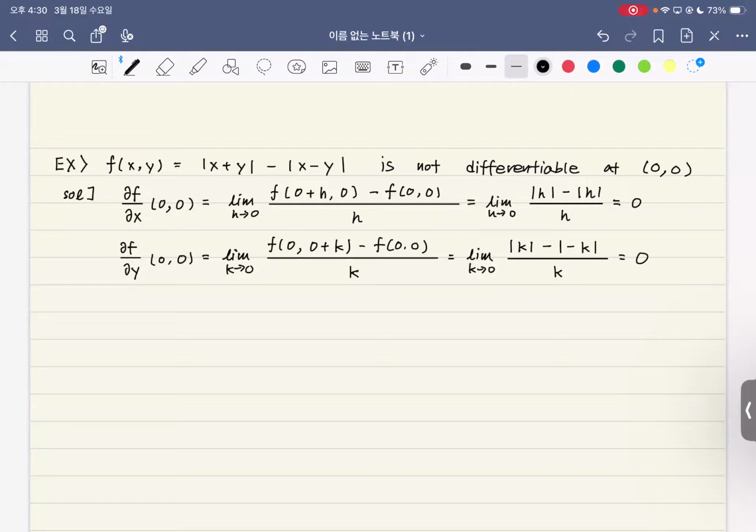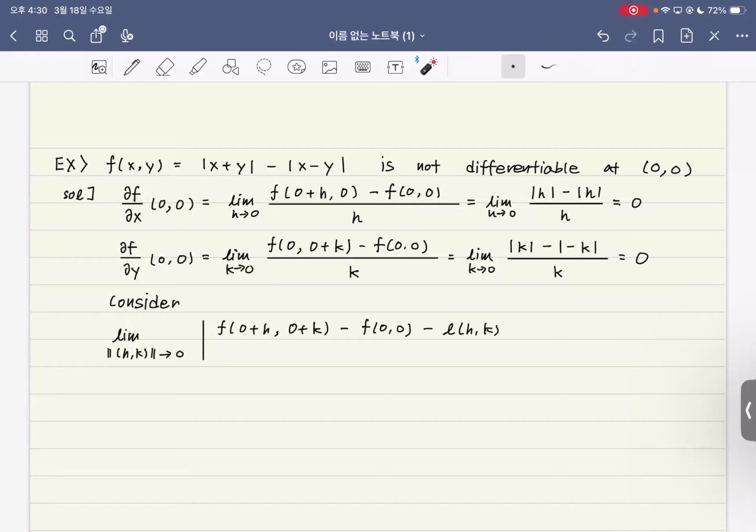So we now have these two partial derivatives. Now we consider this limit, where the vector (h, k) is tending to 0, of f(0 plus h, 0 plus k) minus f(0, 0) minus the LH.